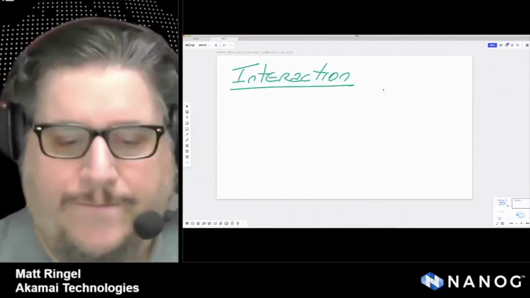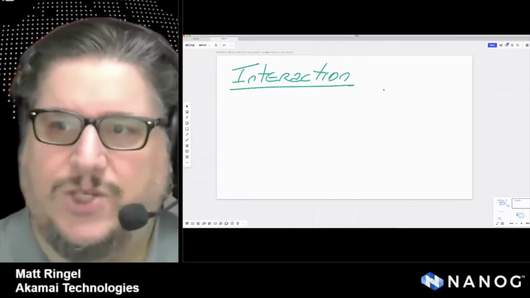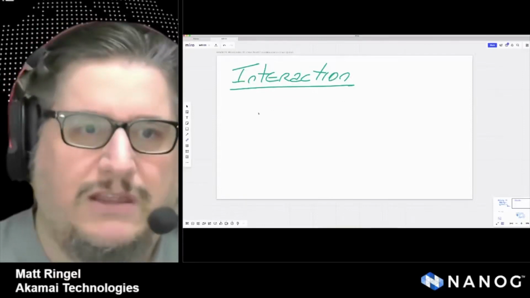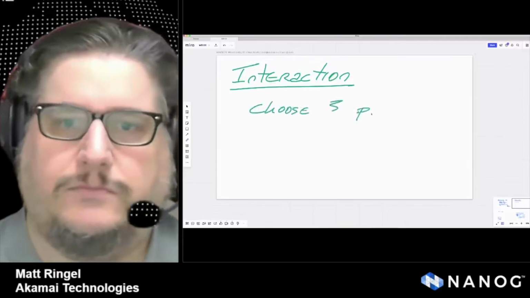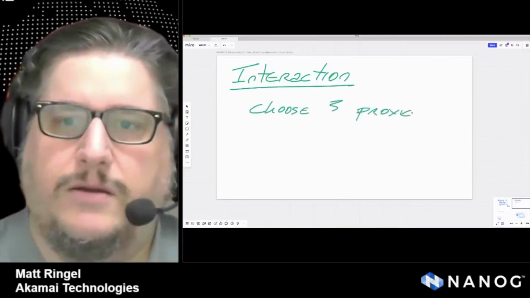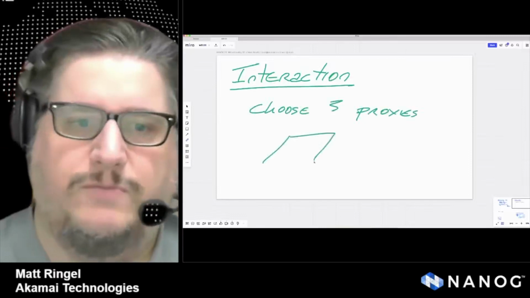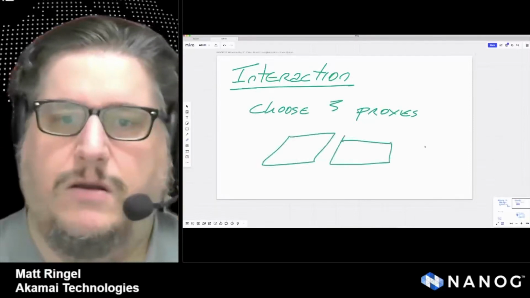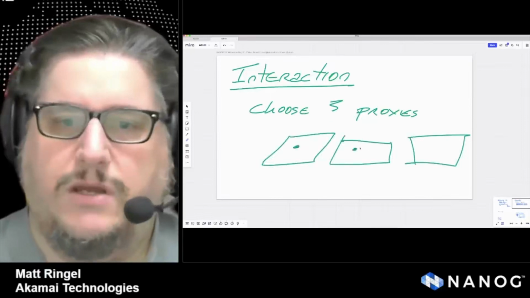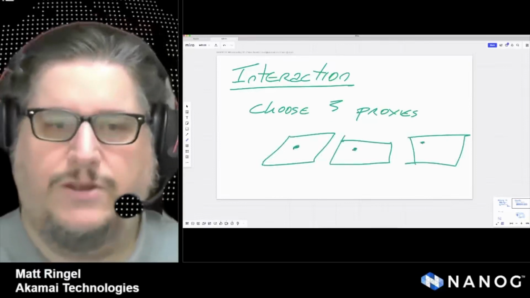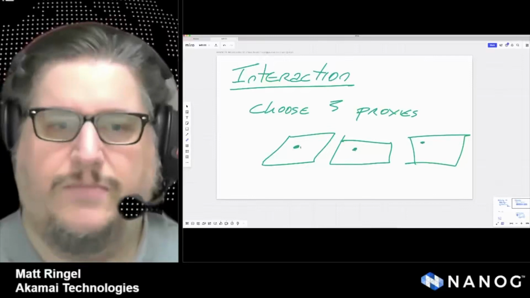So in an audience, the idea is that you can choose 3 proxies. There's a bunch of people sitting here, so choose 3 people in the room, and you're just going to flick back and forth between them.